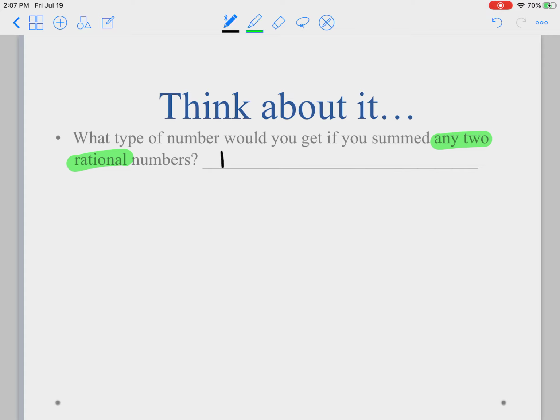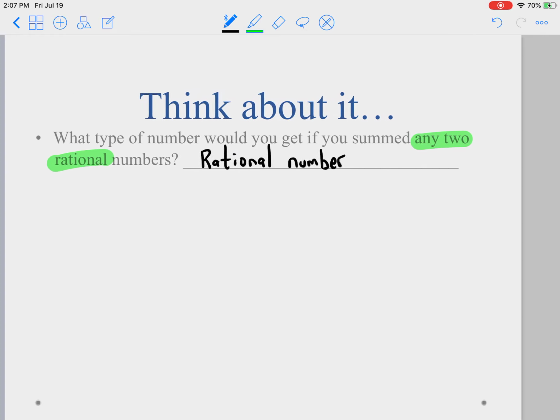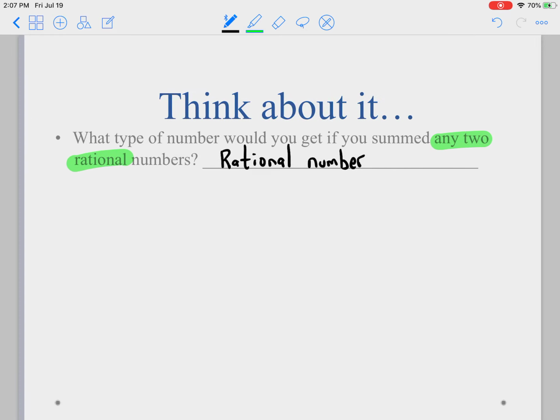This would fall under the closure property, which tells us that any two numbers that are rational, that are added together, will result in a rational number. So this concludes Unit 1.1, Classifying Real Numbers.